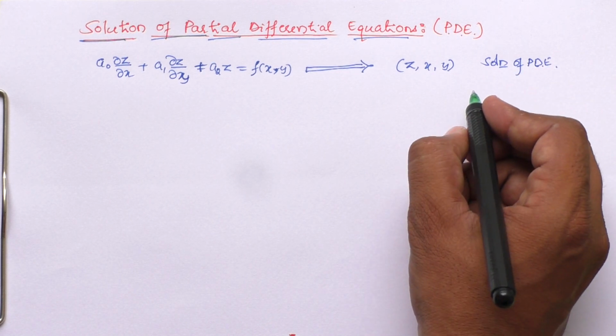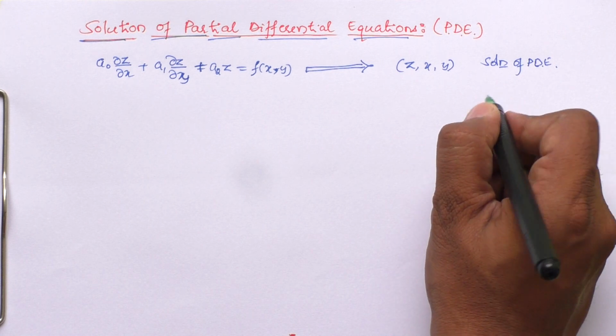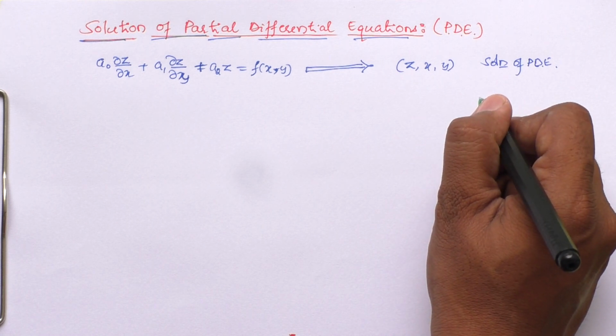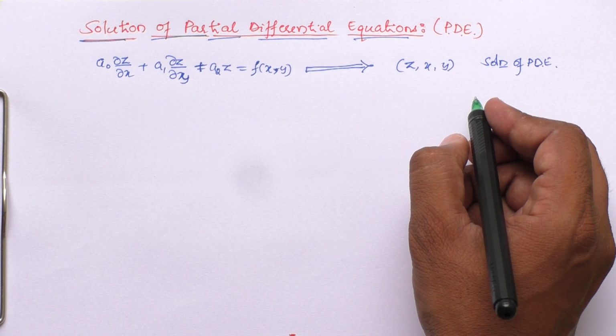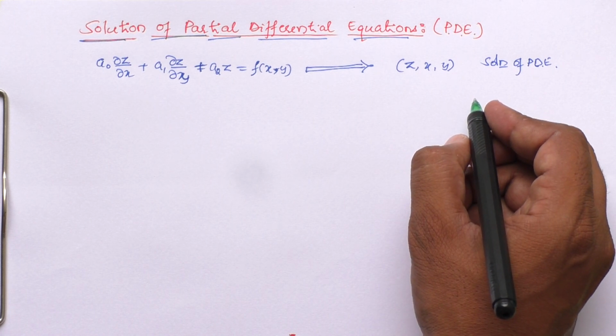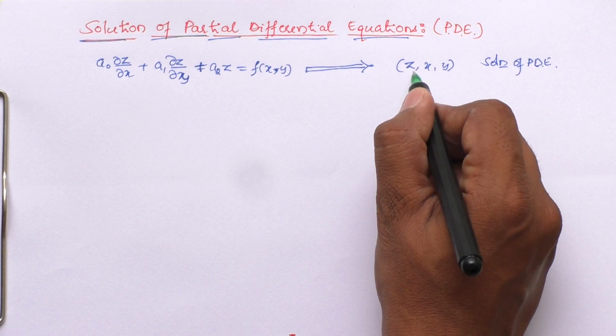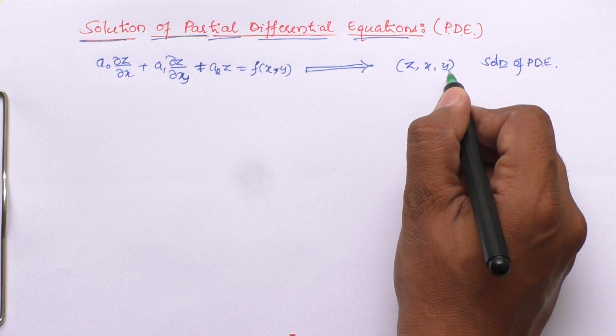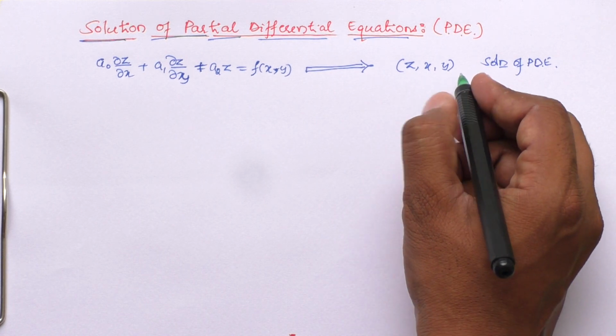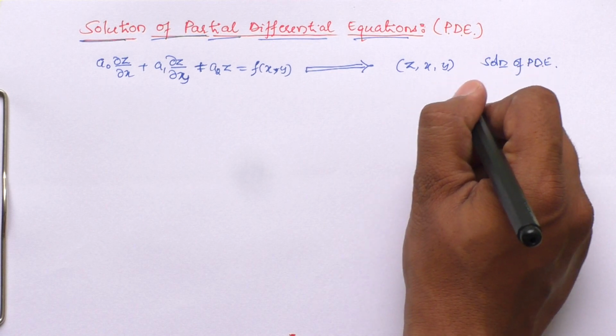So the integral can be expressed in two ways. We can classify it into two types: one is the general integral, another is the particular integral. If it has only z, x, y terms, it is called a particular integral.